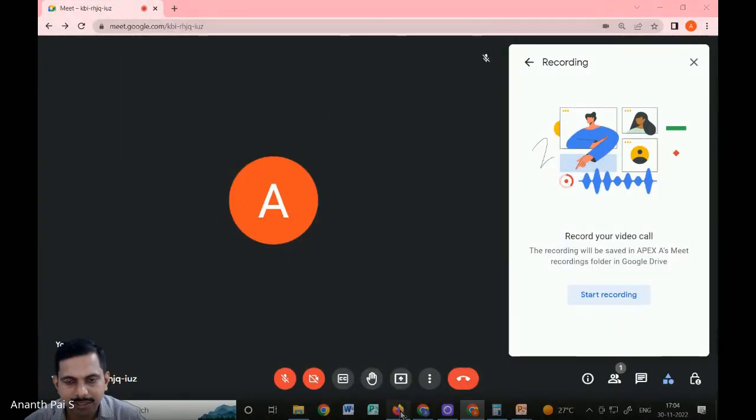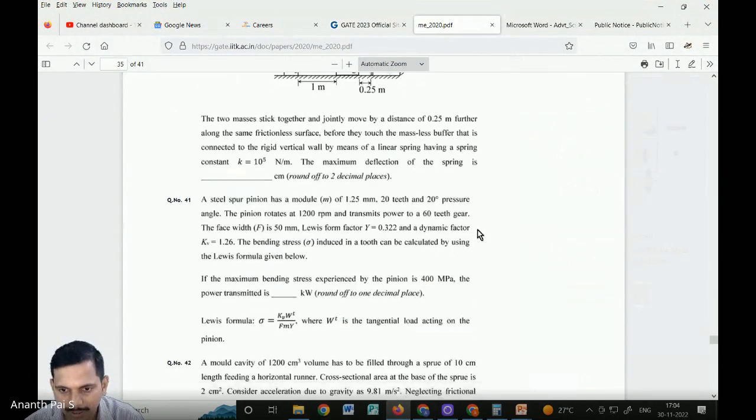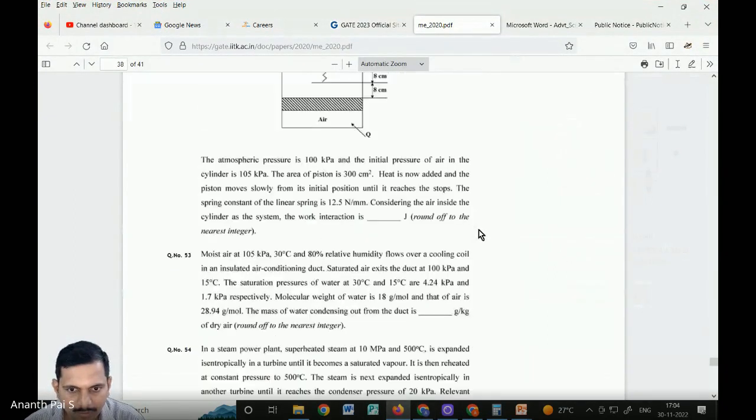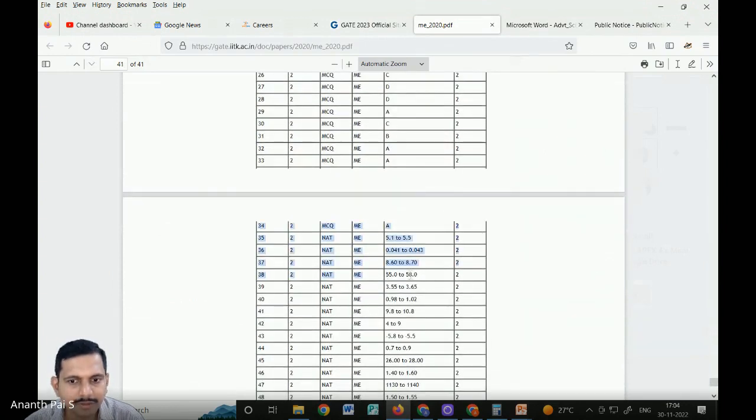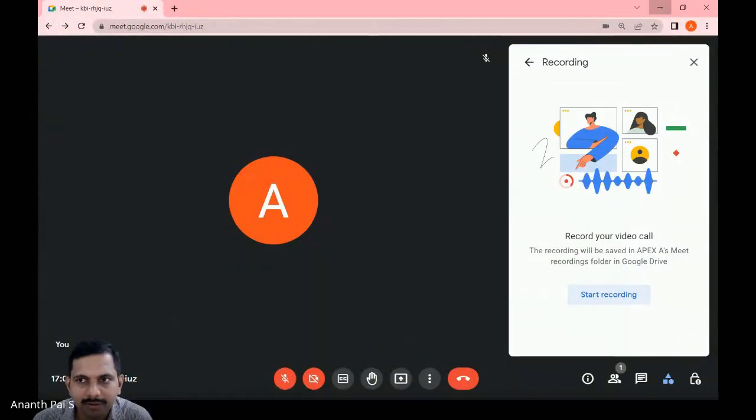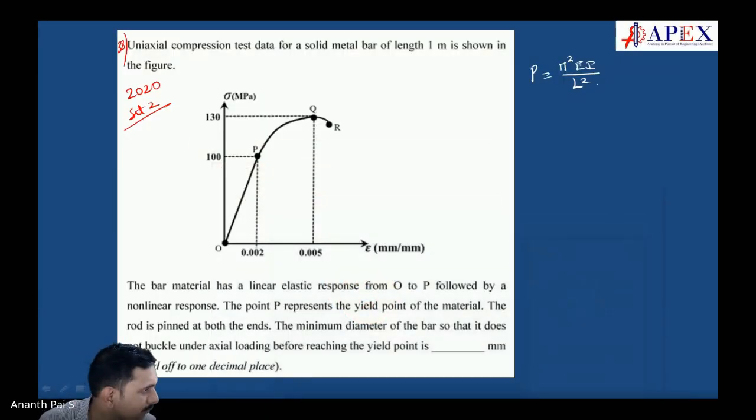So let us see the answer here. So question number 38 here. 55 to 58. 57.57. Anything 57 is okay. On the dot.